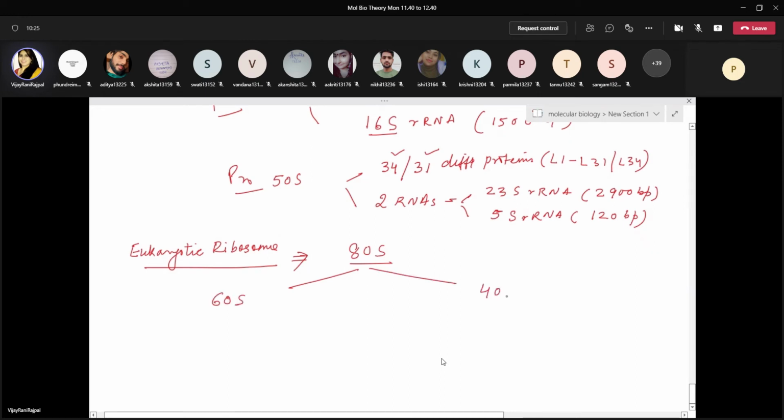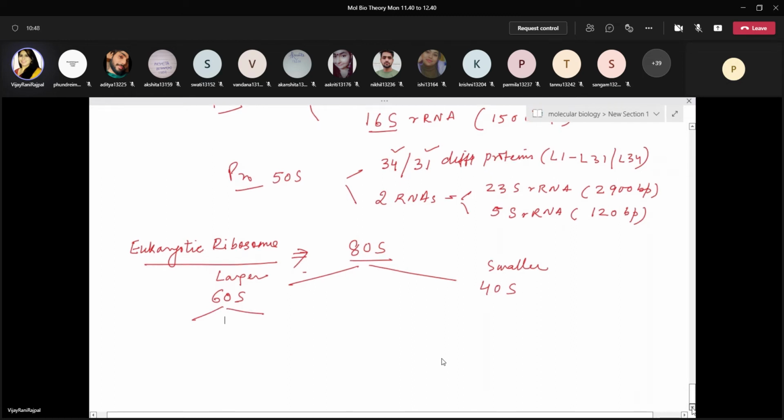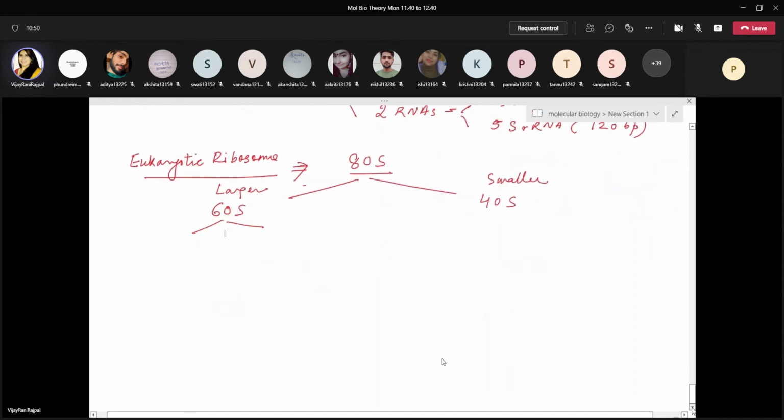The larger subunit of eukaryotes is 60S, the smaller is 40S. Once again, ribosomes are composed of ribosomal RNA and proteins only, whether prokaryotes or eukaryotes. It's only the type of RNAs that changes.